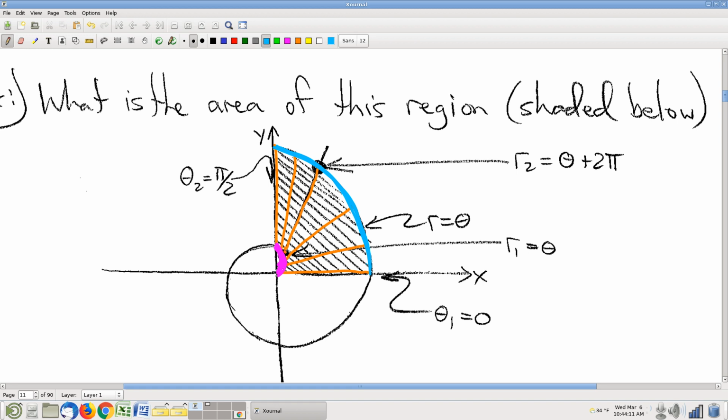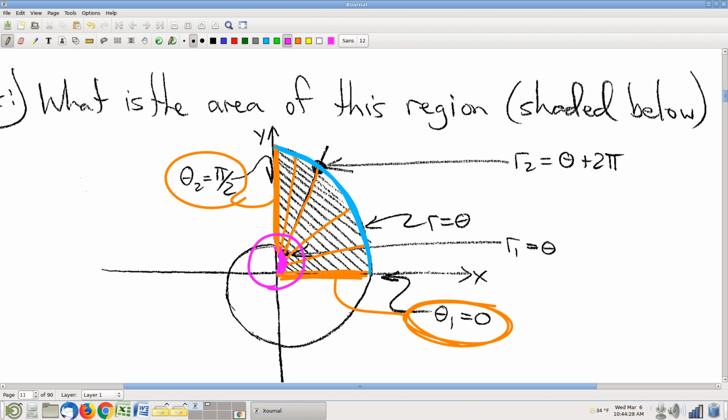Well, once we set our range of values of theta and say we're starting with theta equal to 0, and we're ending with theta equal to pi over 2. Now that theta is set as between 0 and pi over 2, this lower bound curve remains r equals theta.